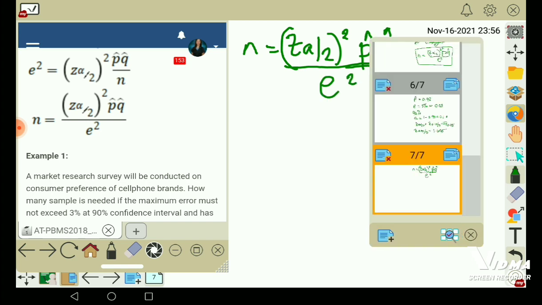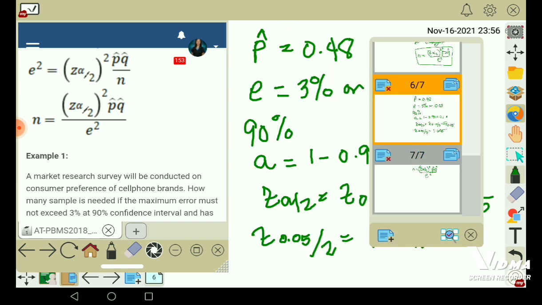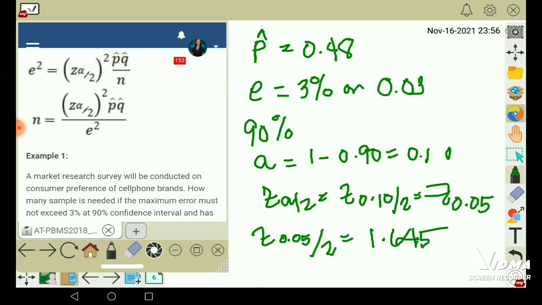Take note, before we forget, we are missing one given here. That is your q hat, and that is determined by 1 minus p hat, and 1 minus 0.48 is equal to 0.52.